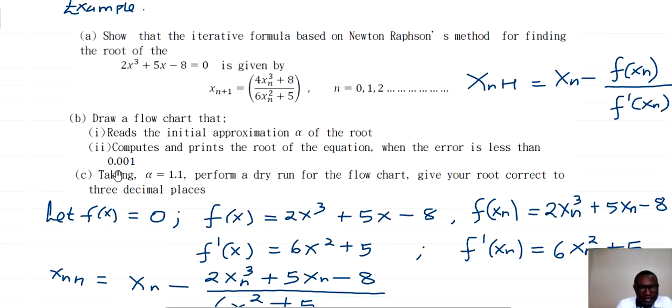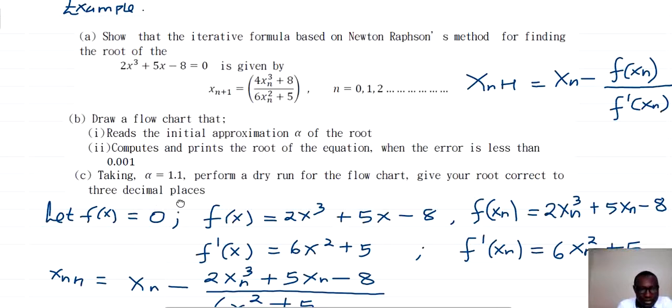Then after, we shall perform a dry run with the initial approximation alpha being 1.1, and our answer should be to 3 decimal places. Here, the error has already been given. There is no need of using this information of 3 decimal places to get the maximum possible error. We are going to use this as our error in the decision box.